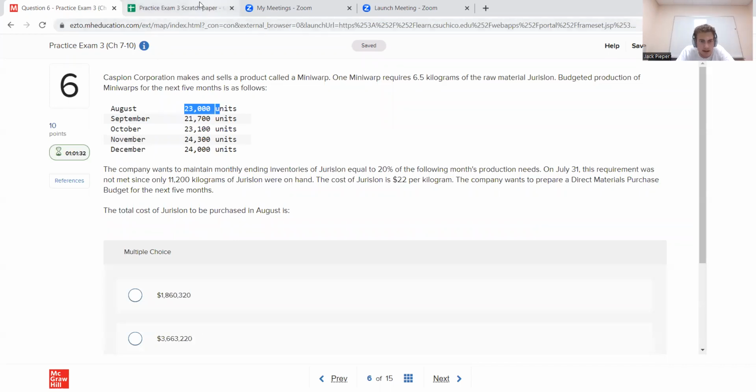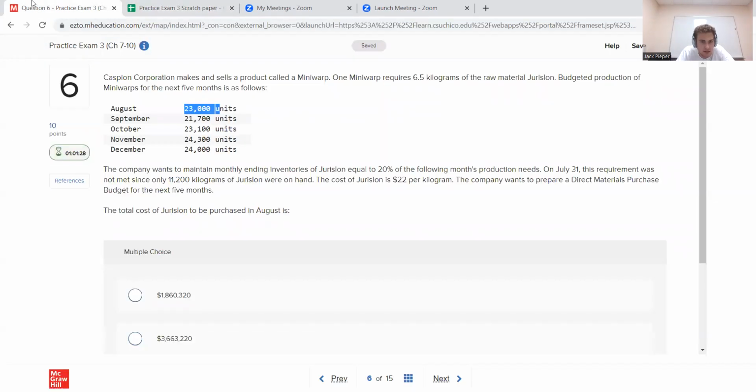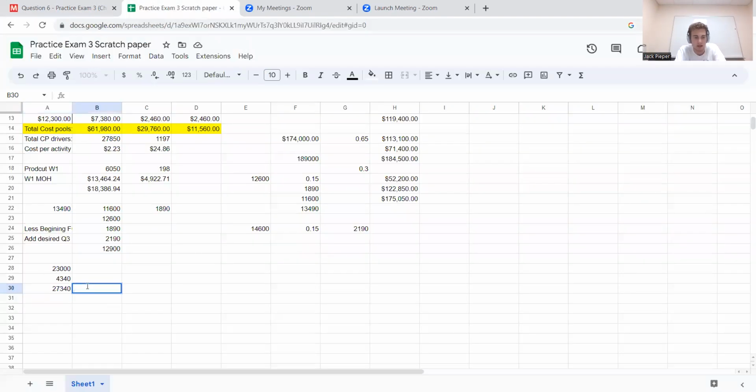Okay, and then we can subtract out this because this is on hand. So this is needed, and then less the 11,200, so less the beginning.